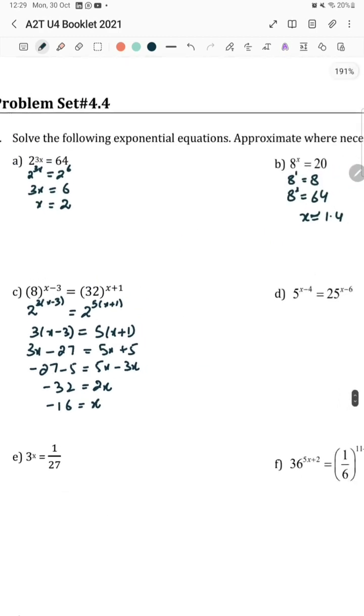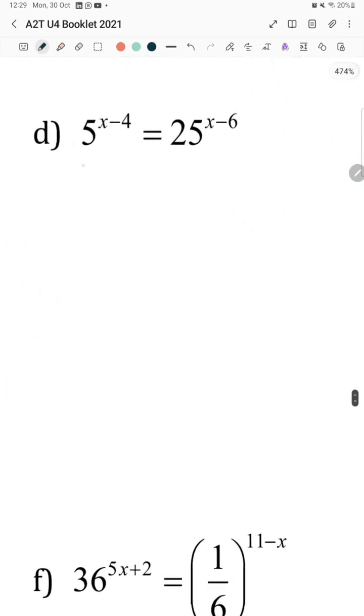Okay, so it's going to be 5x minus 4 with 5 square x minus 6.